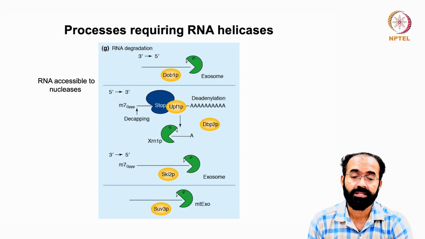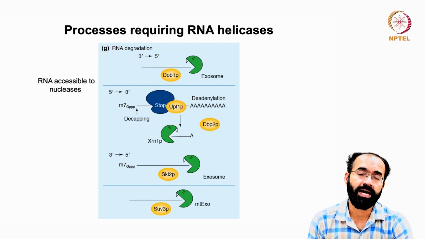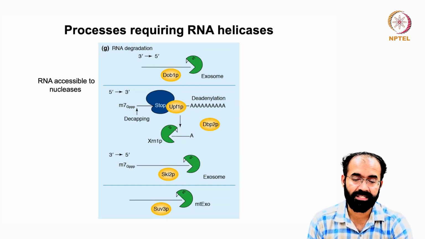And remember, this will be done for those RNAs which are utilized, that means they have encountered a stop codon. The ribosome, the blue color ribosome, is situated here. Once it encounters the stop codon, UPF1P will come and disassemble the ribosome and the RNA. Then that will be an invitation signal for the decapping process.